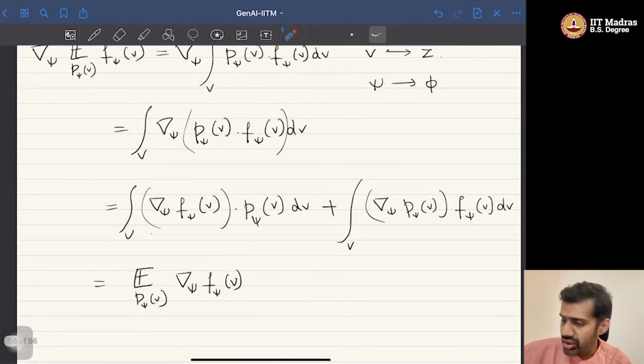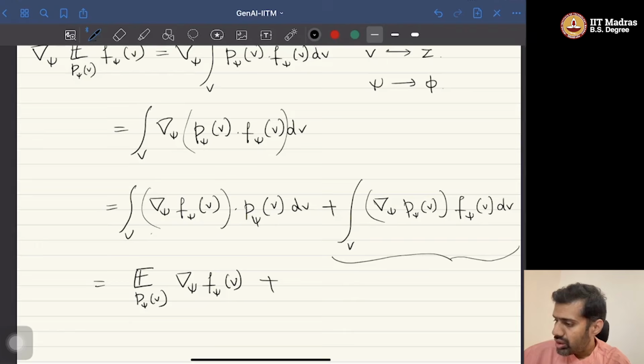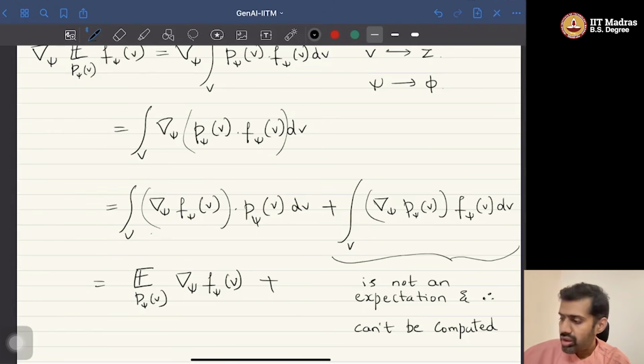But the second term here is not an expectation, and therefore it cannot be empirically computed. We know how to compute expectations by taking sample averages.